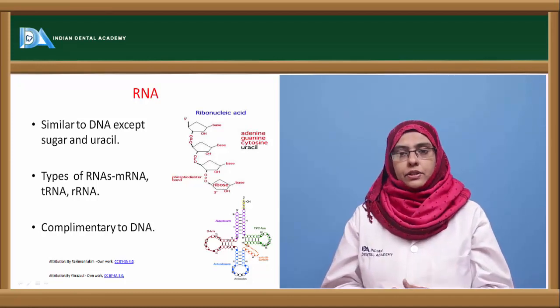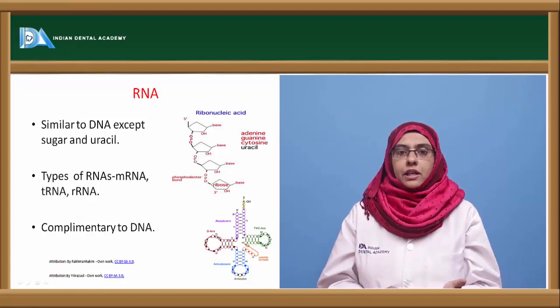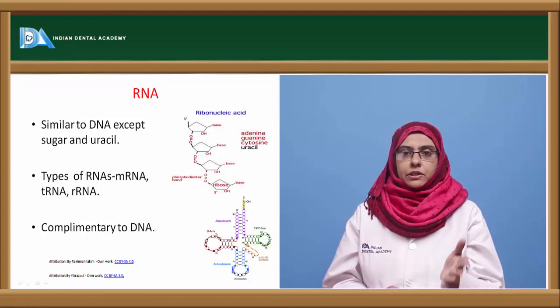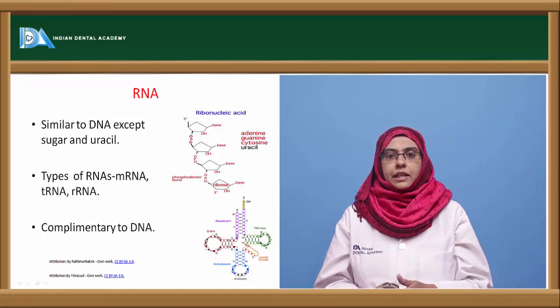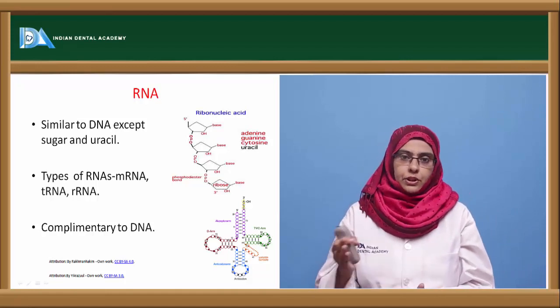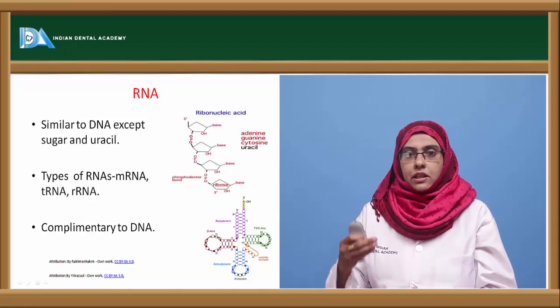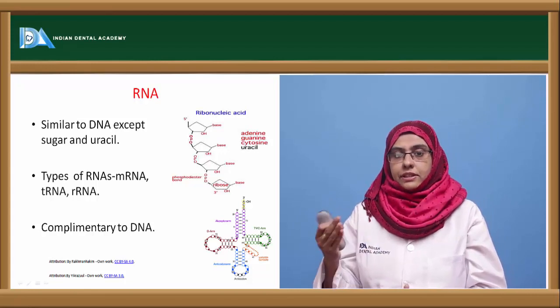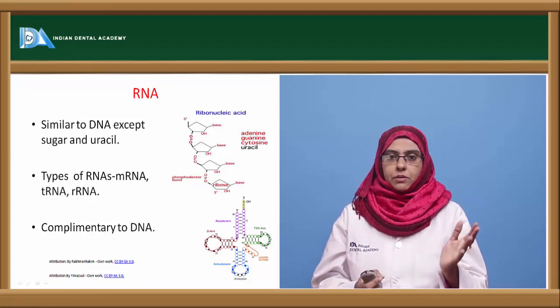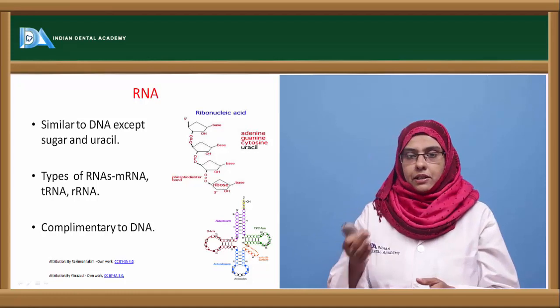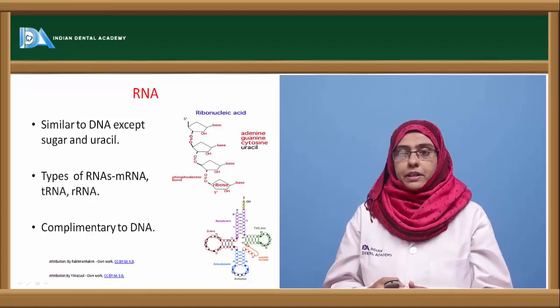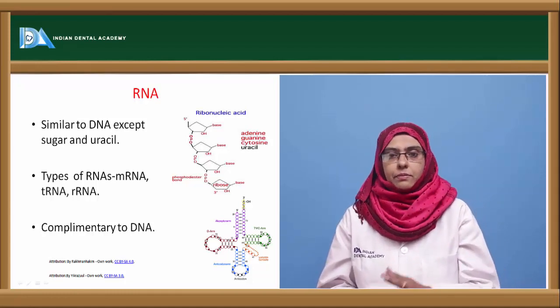And coming to the nitrogen bases, in place of thymine, which is present in DNA, it is uracil that is substituted in the RNA. So these are the two differences that can be seen between DNA and RNA. But the RNA is always complementary to the DNA and it is synthesized from the DNA.